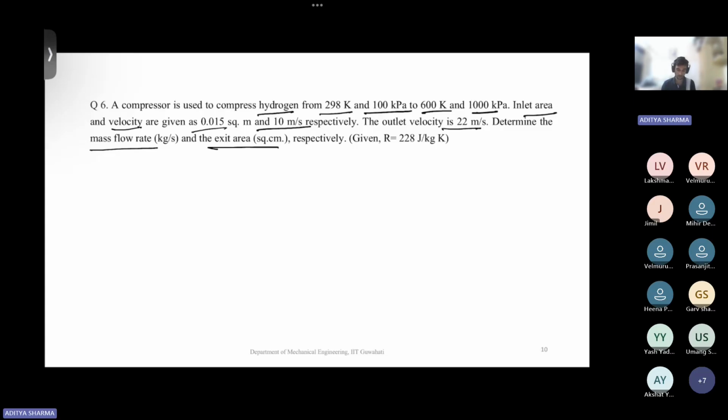Then areas and velocities have been given. So this basically is based on your conservation only. But then we have to find out mass flow rate and then exit area. Two things we have to find.